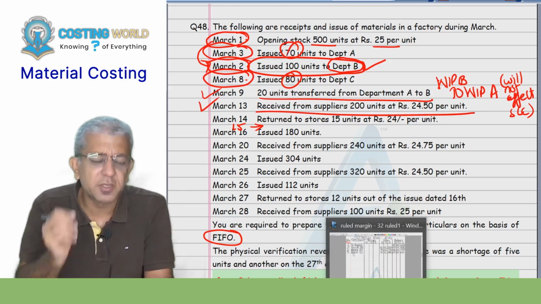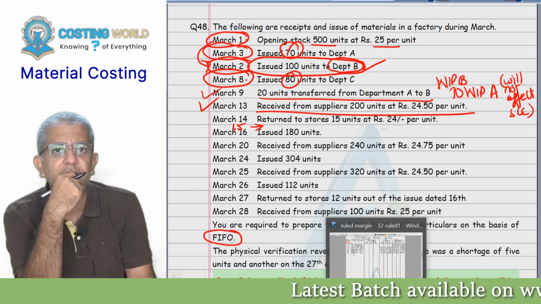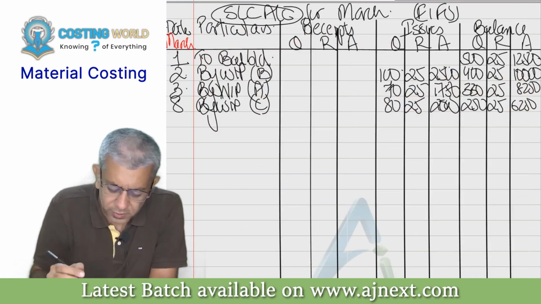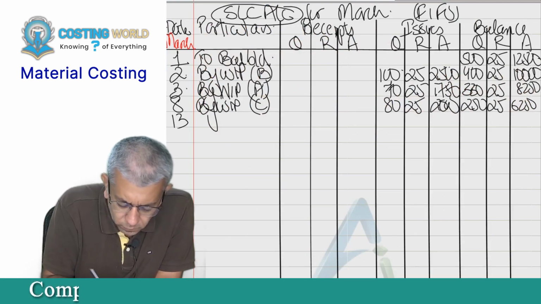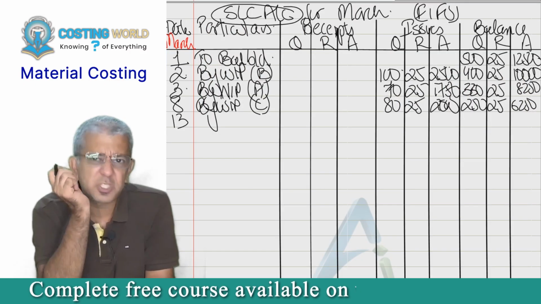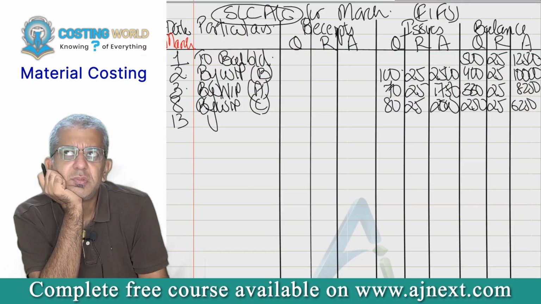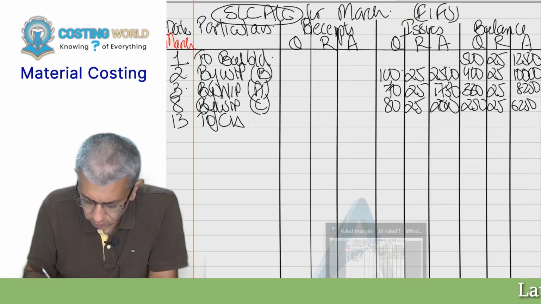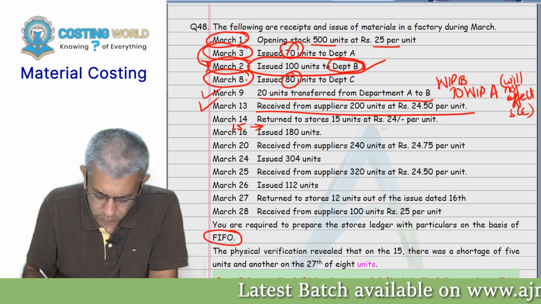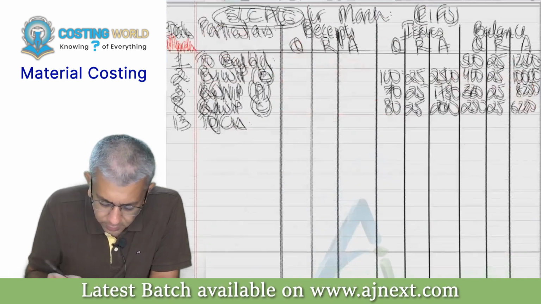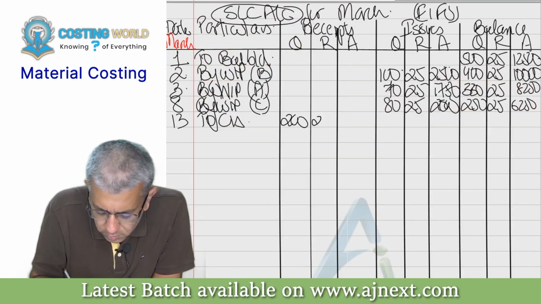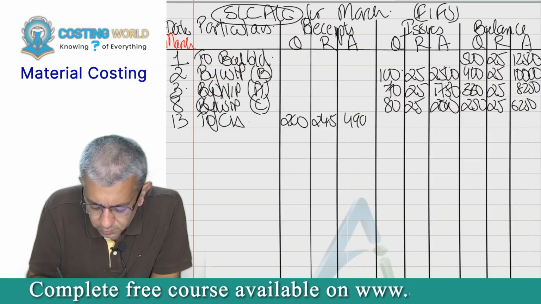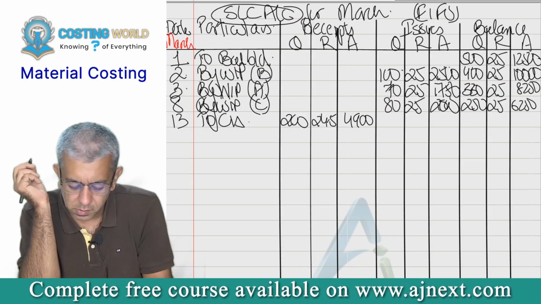Can I say received from suppliers means this particular figure will be purchases, no? Okay, so what will be the entry for that? SLC account debit to purchases? It's SLC to creditors, beta. 200 units at 24.5, 4,900.